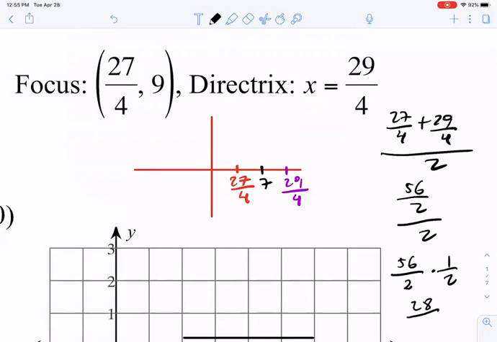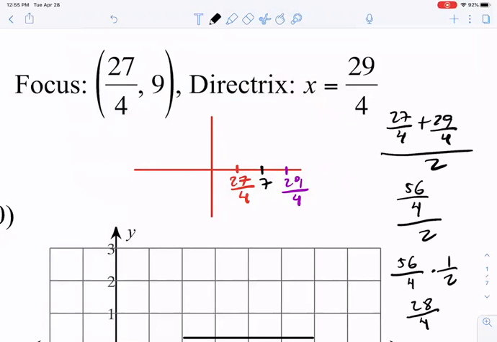This is actually 4. Yeah, I made a silly mistake. So this is 4. Sorry about that. So we get 28/4, which is 7, right? So you can write that as 28/4 or 7.